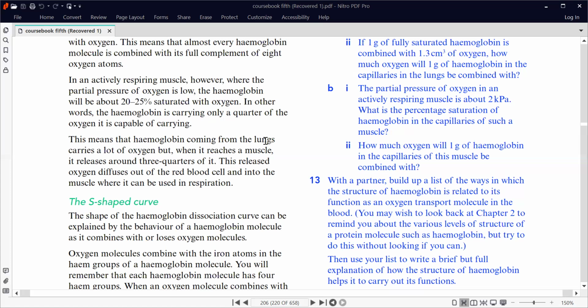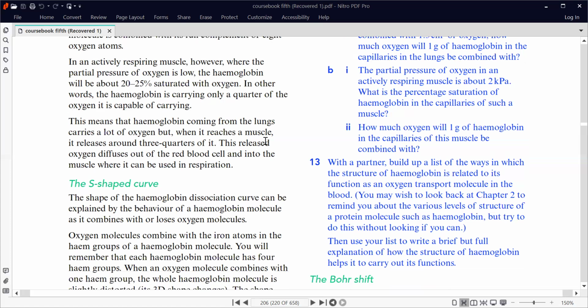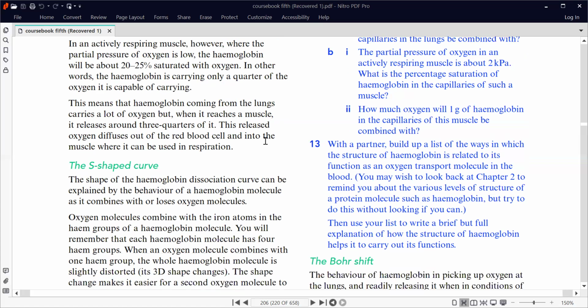In an actively respiring tissue where the partial pressure of oxygen is low, hemoglobin will be about 20 to 25% saturated with oxygen. In other words, the hemoglobin is carrying only a quarter of the oxygen it is capable of carrying.